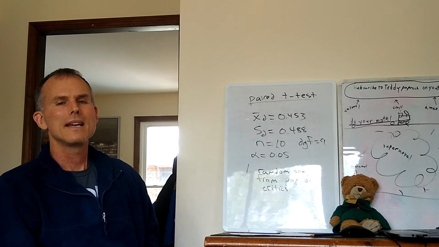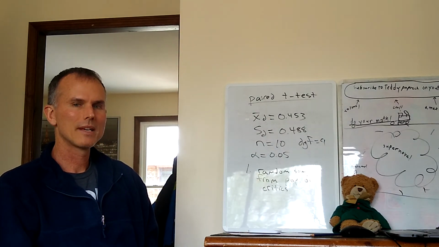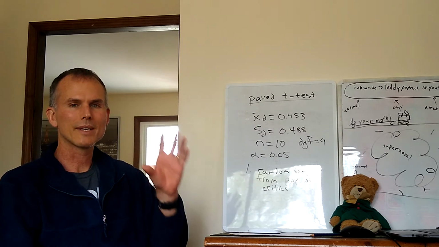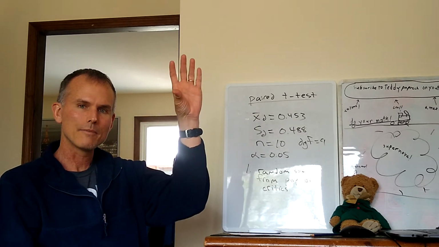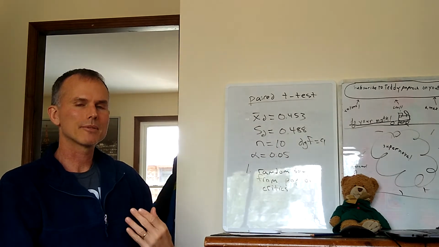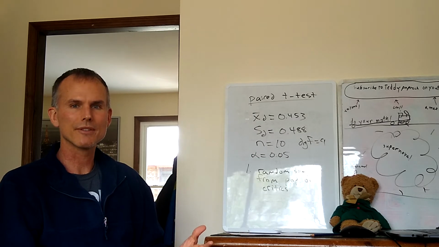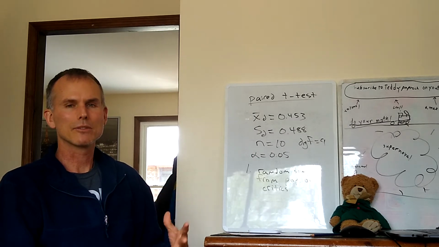And then as far as normality of the sampling distribution goes, this time we are running the test on the population of differences. So we have to be able to assume somehow the sampling distribution of differences is approximately normal.